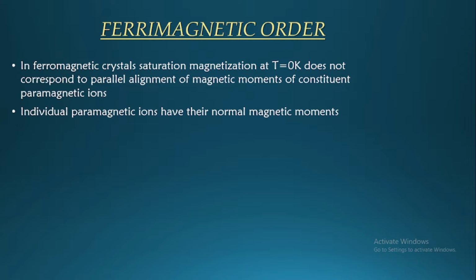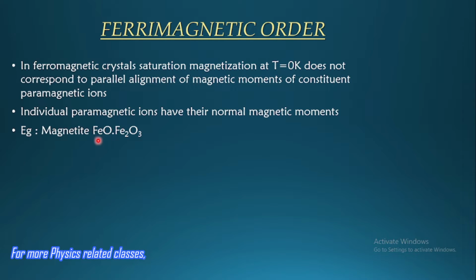And even in the crystals for which there is strong evidence that individual paramagnetic ions have only their normal magnetic moments. To understand, take the most familiar example, which is magnetite, that is Fe3O4, which can be written as FeO, Fe2O3.